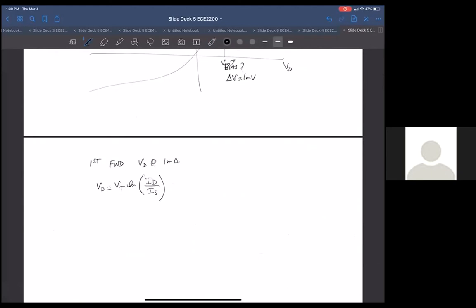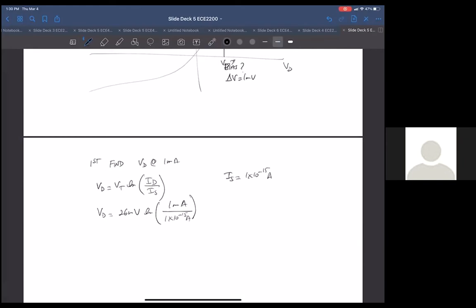Let's just assume I sub S is 10 to the minus 15 amp. It could be anything else, but I'm going to use that as an example. So V sub D in that case is 26 millivolts, natural log of 1 milliamp over 1 times 10 to the minus 15 amps.